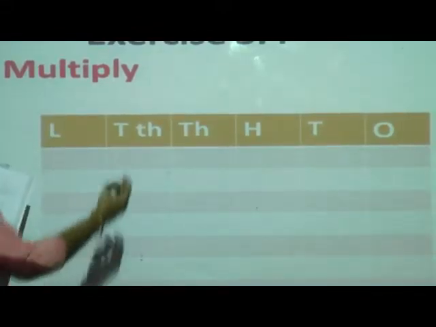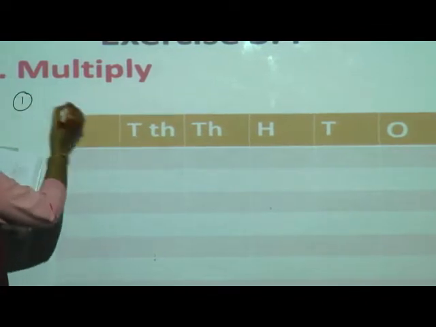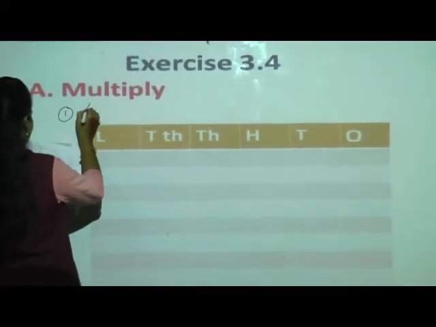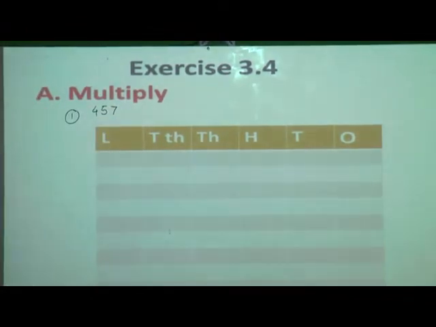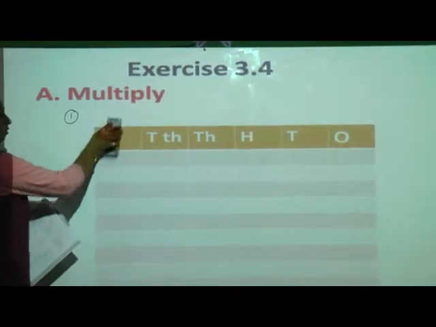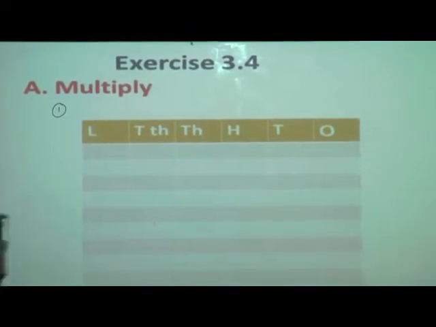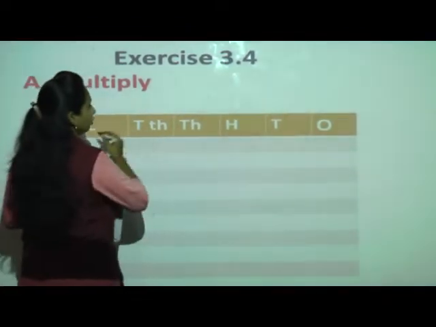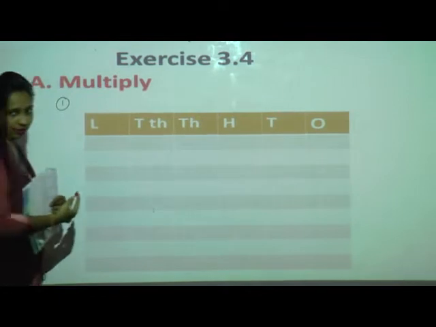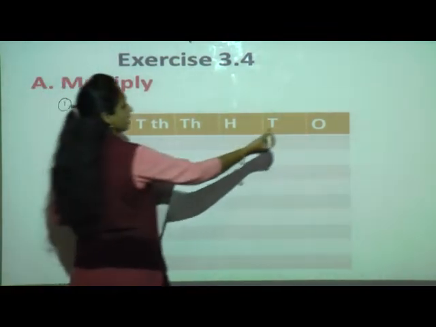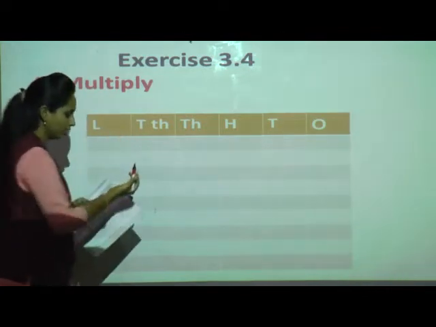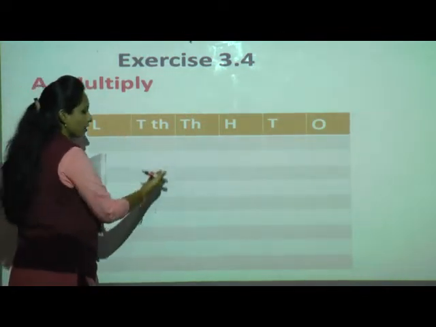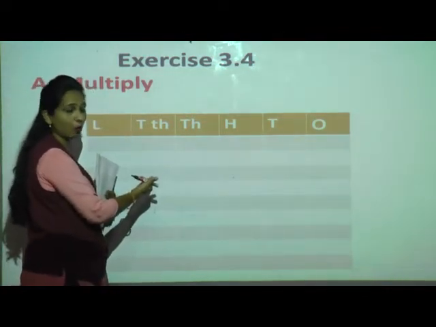I'll write your first question. First, what you have to do? Draw one place value chart with the place values ones, tens, hundreds, thousands, ten thousands and lakh. Leave 3 boxes for the carry over.